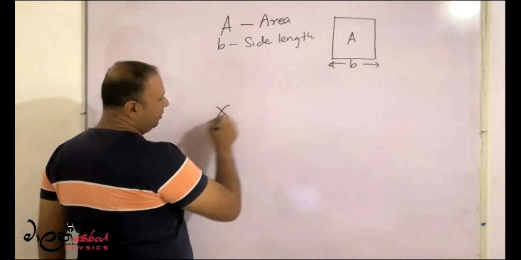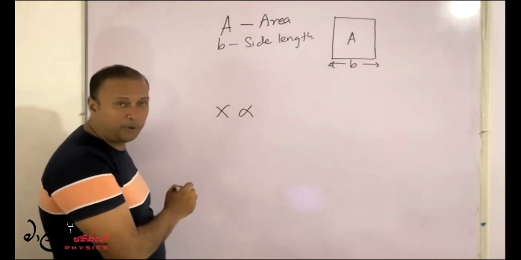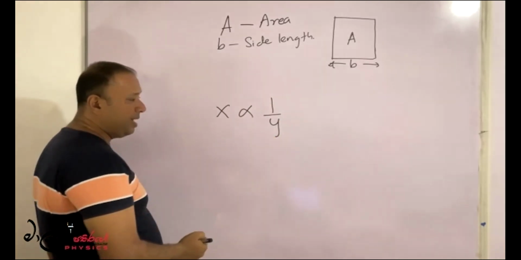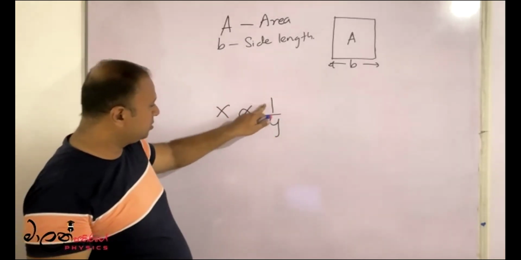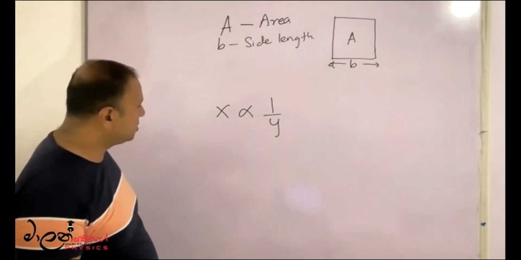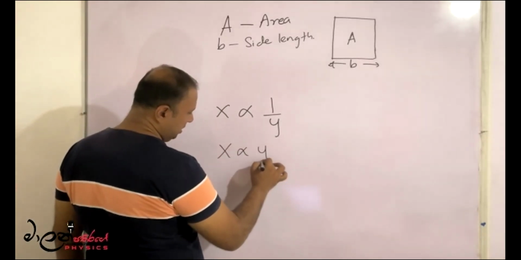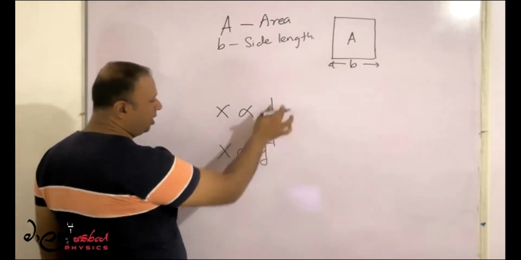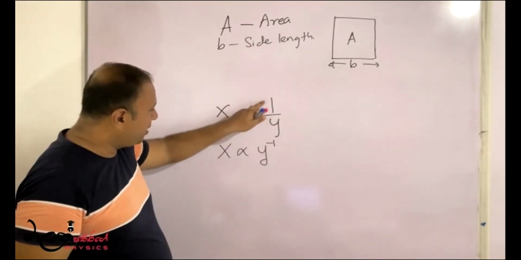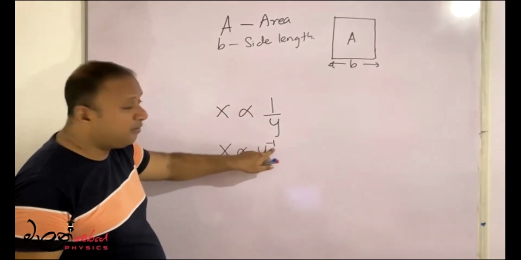I know when x is indirectly proportional to y, it can be represented as x proportional to 1 over y. So actually it can be written as x directly proportional to y to the power minus 1, because 1 over y means y to the power minus 1.